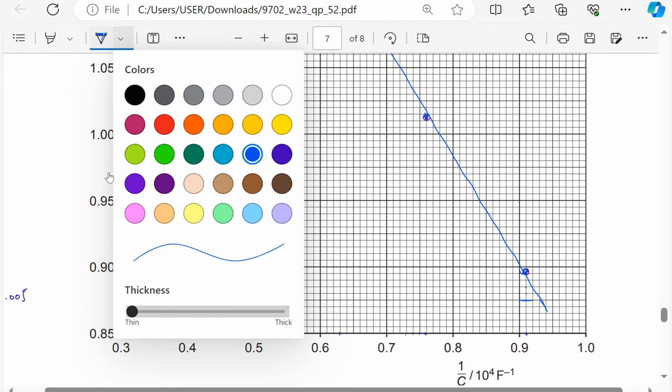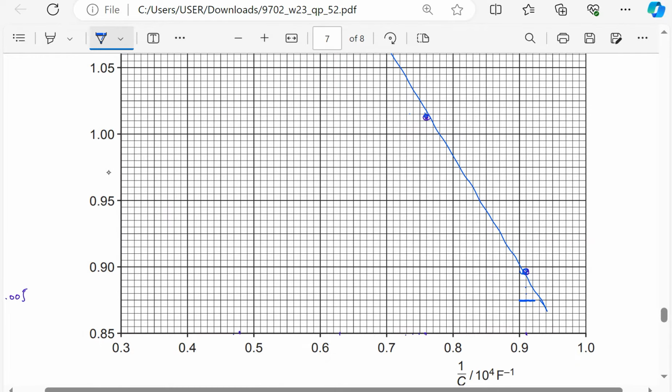I need to use a thicker line for the error bars. They look more beautiful when they are thicker. So use a ruler to draw very neat error bars. So I'll count 4 upwards, 1, 2, 3, 4. Approximately 4, because it's 4.2 squares. Then I'll join this with the ruler. Beautiful.